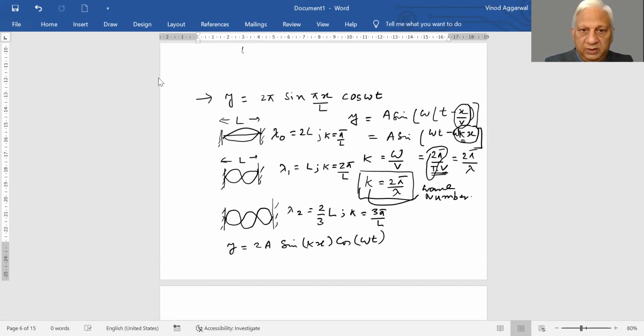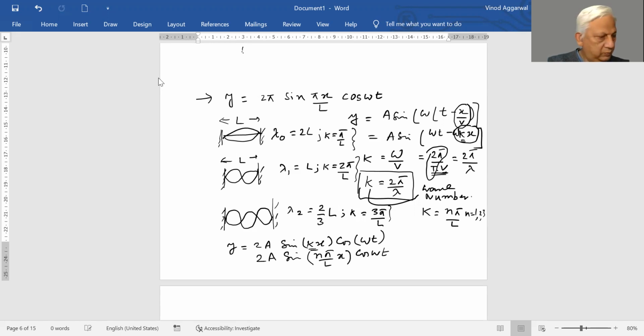We have seen that k is equal to n pi by L, where n will vary from 1, 2, 3 likewise. So instead of kx, we substitute the value of k, which is... right.